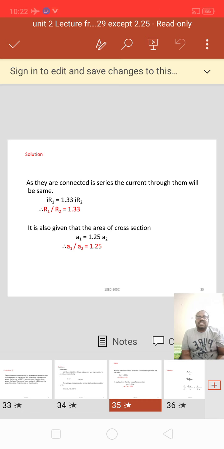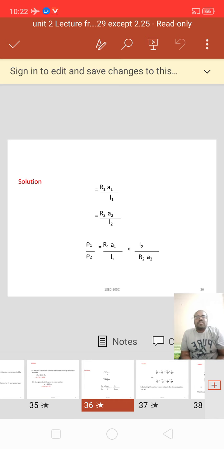Now we know that rho 1 equal to R1 A1 by L1, rho 2 equal to R2 A2 by L2. We are making rho 1 by rho 2, so R1 A1 by L1 into L2 by R2 A2.